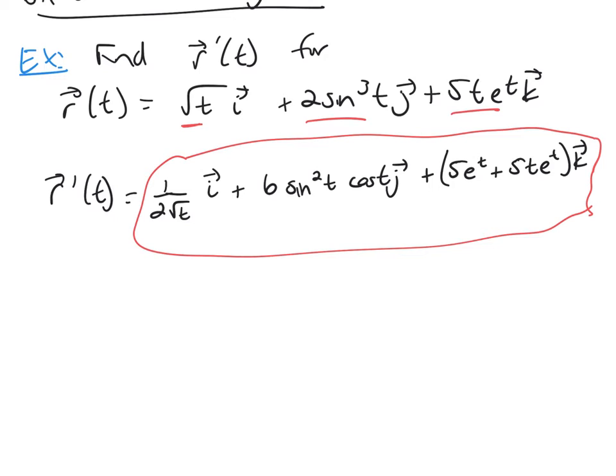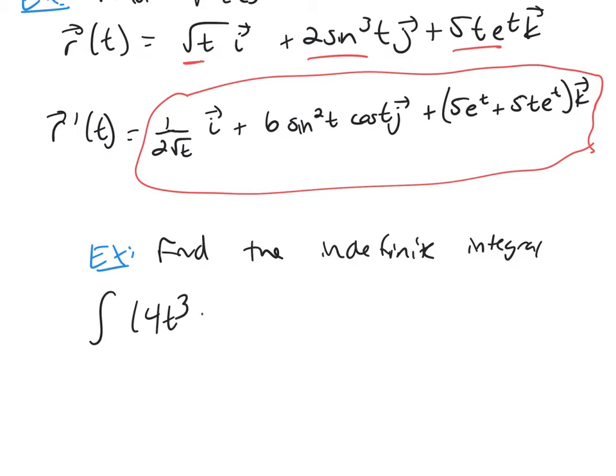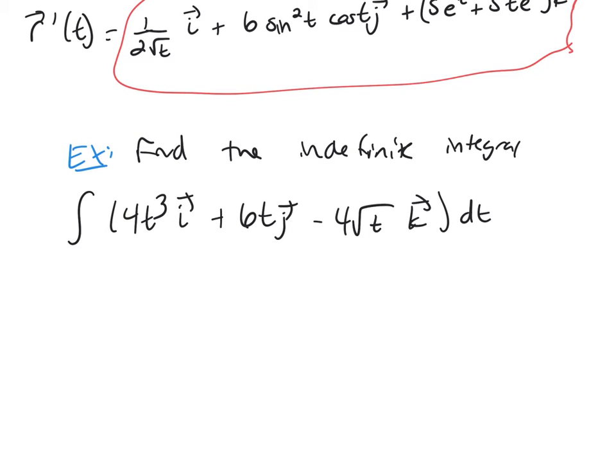All right. So now let's talk about integration. Let's look at one example. Find the indefinite integral of 4t cubed i plus 6t j minus 4 square root of t k. So again, you integrate in each piece. If I integrate 4t cubed, you're going to get t to the 4th i.